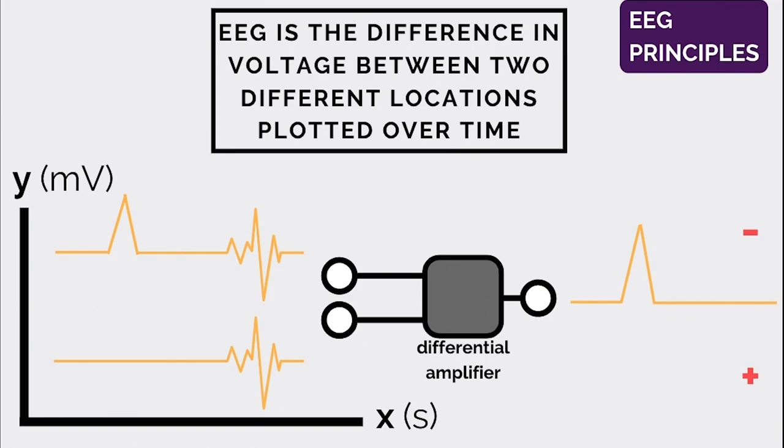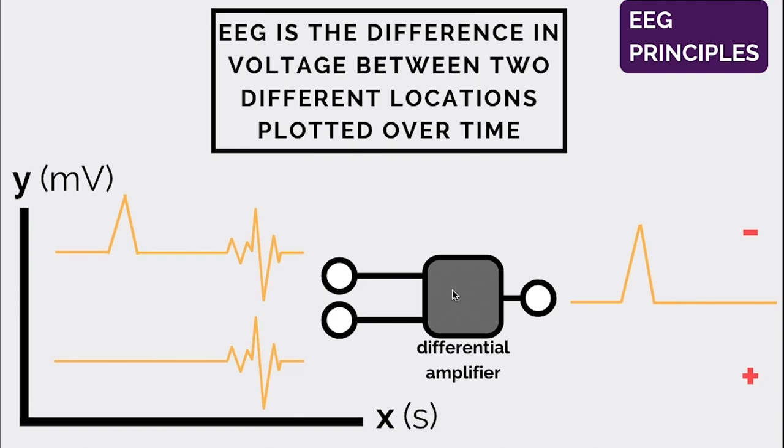EEG stands for electroencephalography. So as the name implies, it picks up electrical cerebral activity. And the way it really works, as you can see on the screen, is we have a differential amplifier as a unit of an EEG.